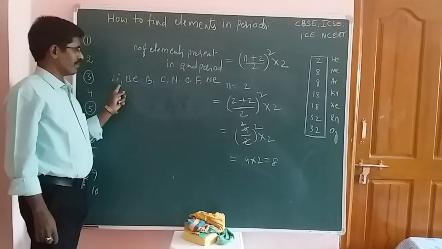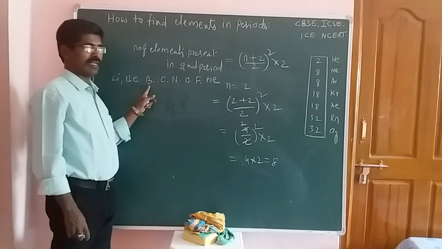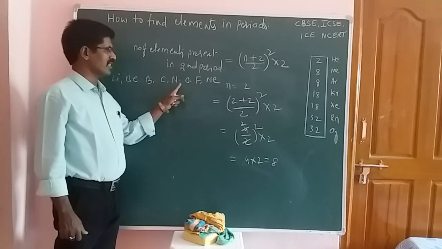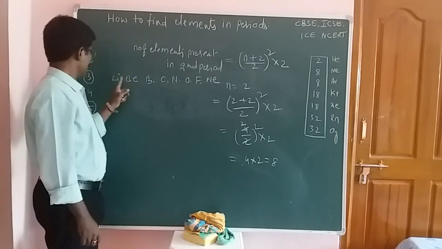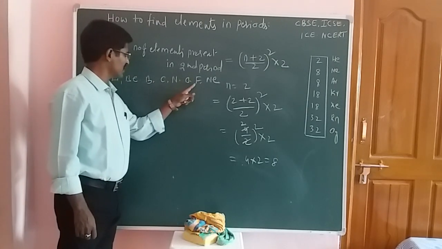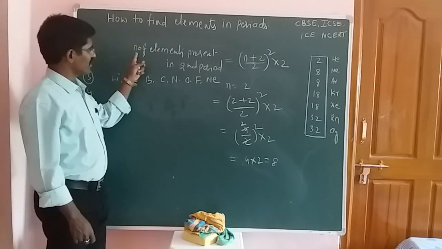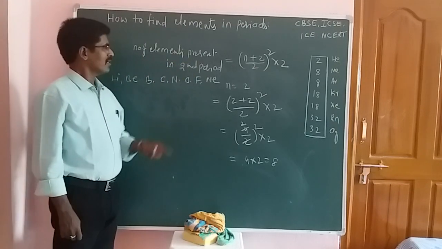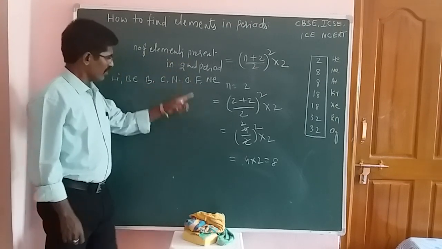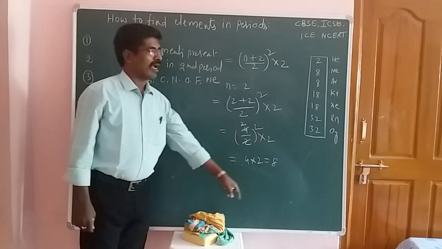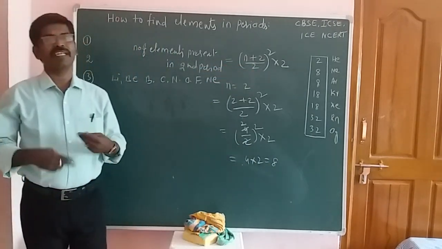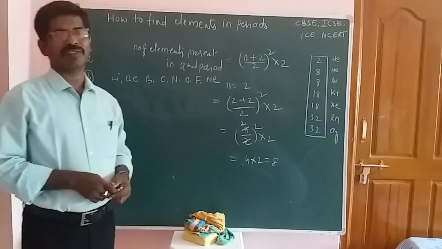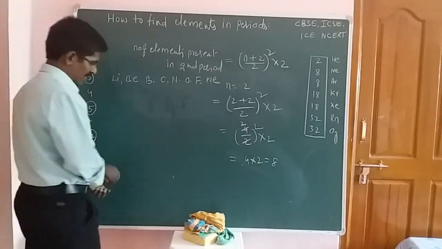Total number of elements: 1, 2, 3, 4, 5, 6, 7, 8 elements. This is the second period. Already we know the magic number also indicates the second period value 8. Okay, friends, so this is the correct answer.